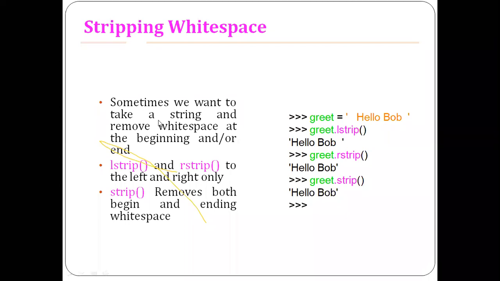Sometimes we want to take a string and remove white space at the beginning or at the end of the string. So lstrip or rstrip for left and right, while strip removes both beginning and ending white spaces. lstrip removes the white space on the left side, whereas rstrip removes it from the right side, whereas strip removes both the beginning as well as the ending white spaces.